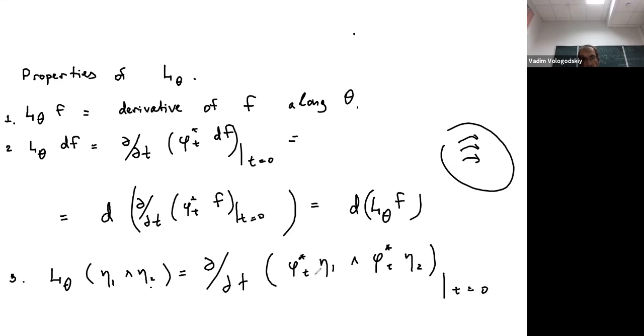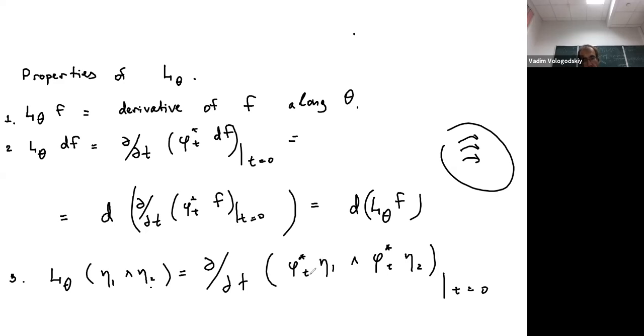So this is a wedge product of differential forms. If you choose local coordinates, every differential form can be written as a combination of basic forms, dx1, dx2, dx3, and so on.